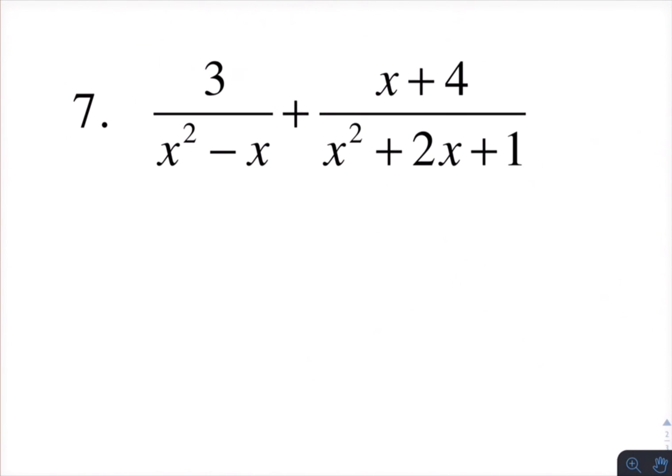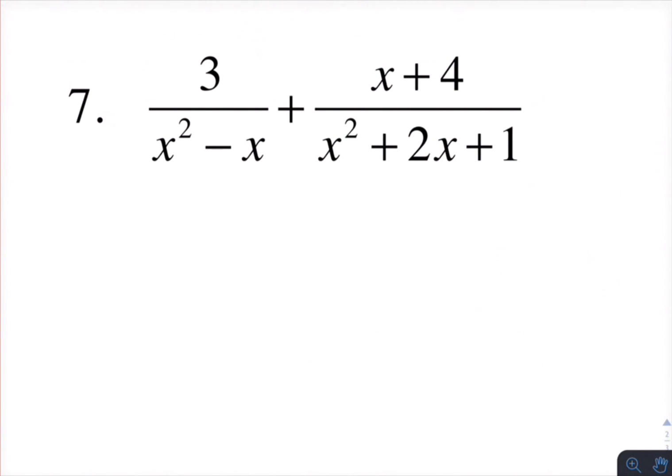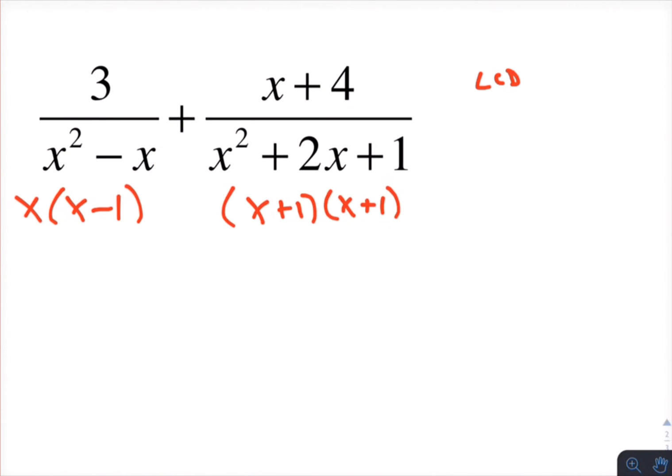Number 7 is an addition problem. And since we're adding fractions, we need a common denominator. In order to find a common denominator, we first factor. So the least common denominator is x minus 1 and x plus 1 squared. So now I take one fraction at a time and just convert them.